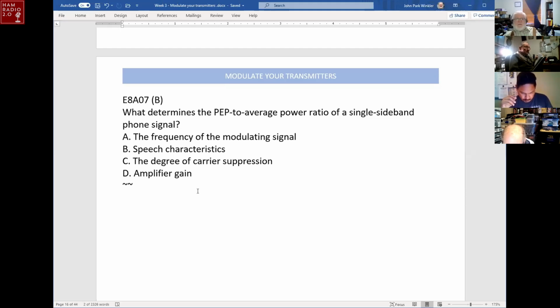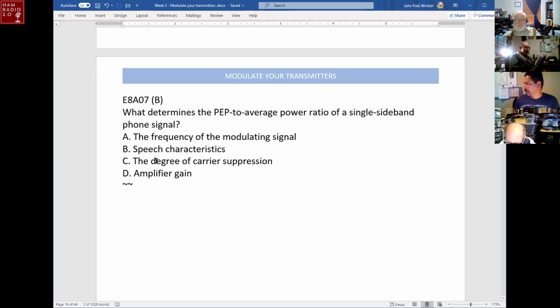A807, what determines the PEP to average power ratio of a single sideband phone signal? And the answer is B, the speech characteristics. PEP is the peak envelope power. That's the maximum, the peak power in the modulation envelope, and that has nothing to do with the frequency of the signal.